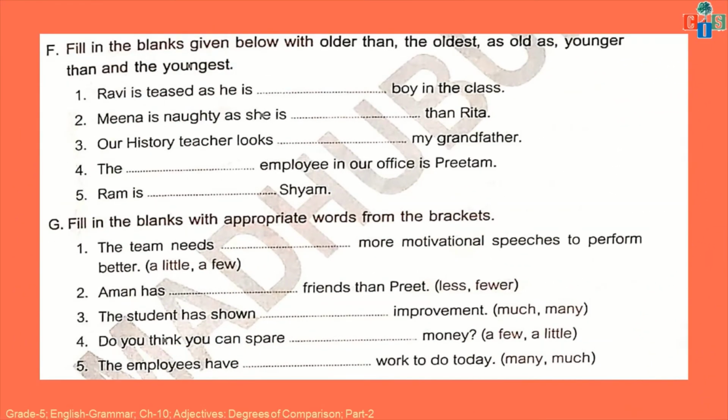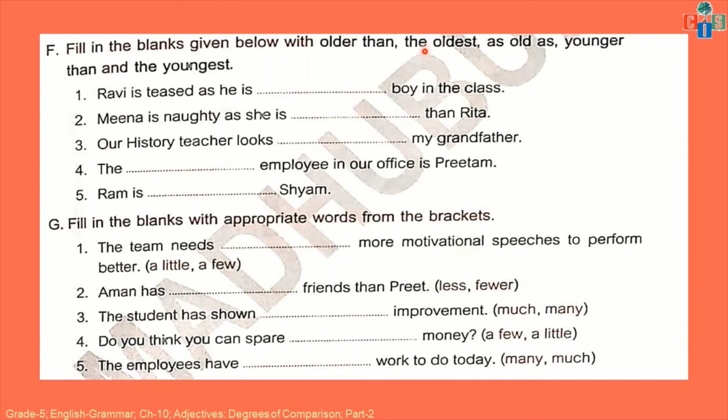Yes, scholars, in exercise F, what is in the question? Fill in the blanks given below with older than, the oldest, as old as, younger than and the youngest. Okay, these are the words which you can use to complete these sentences.